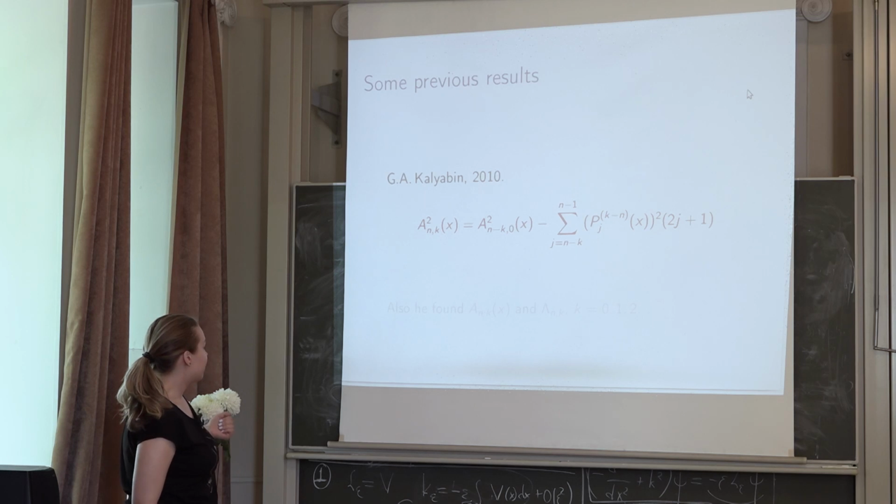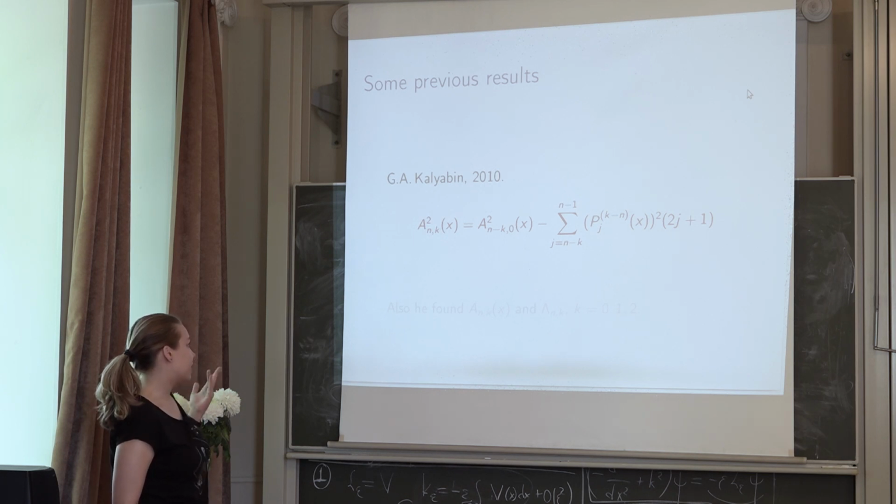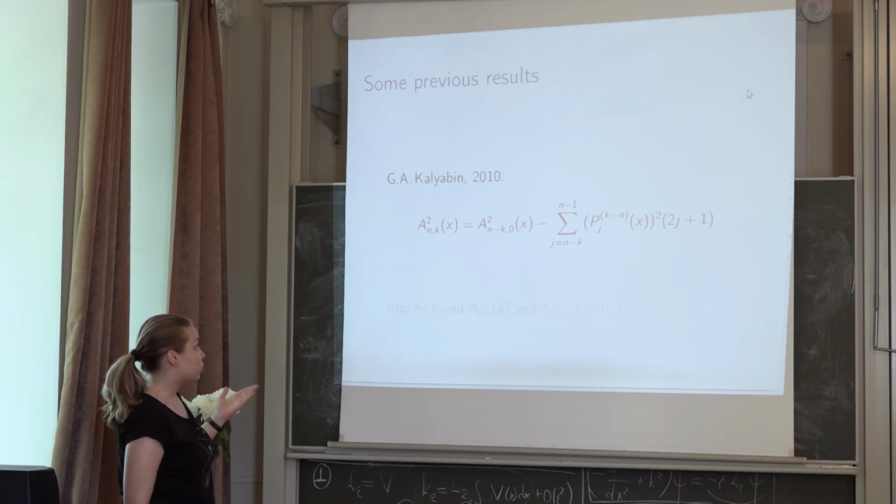Okay, in 2010, Karabin obtained a formula which connects A_{n,k} squared and A_{n-k,0} squared through some antiderivatives of Legendre polynomials.